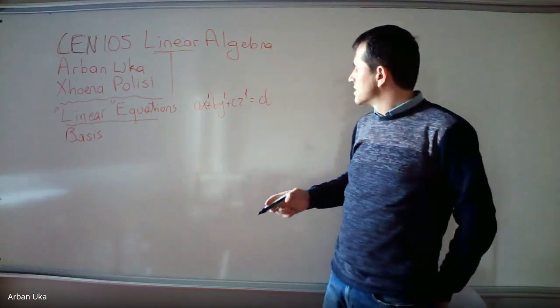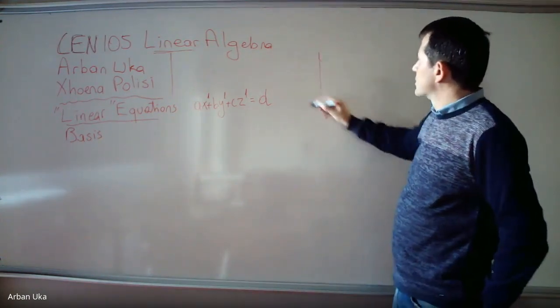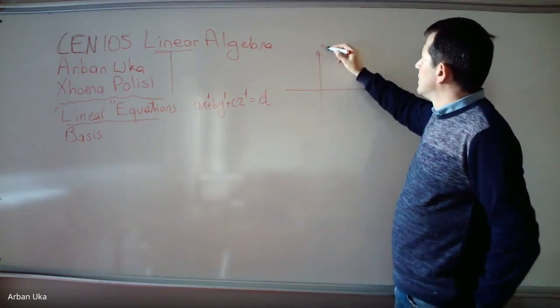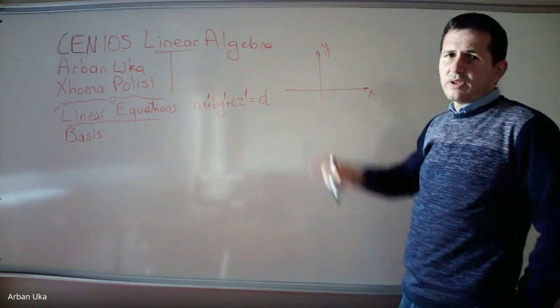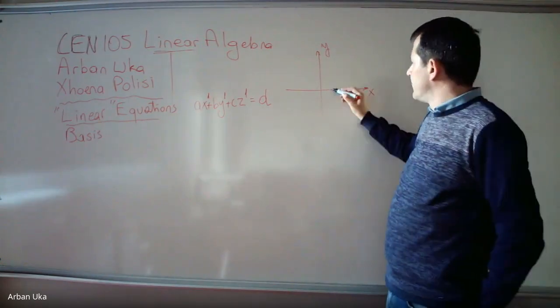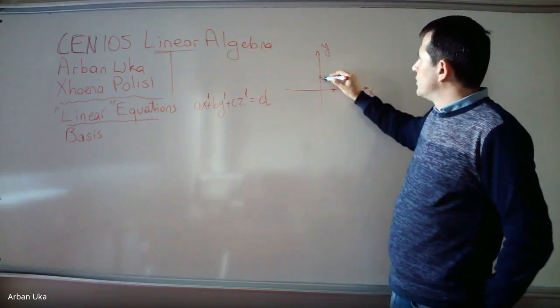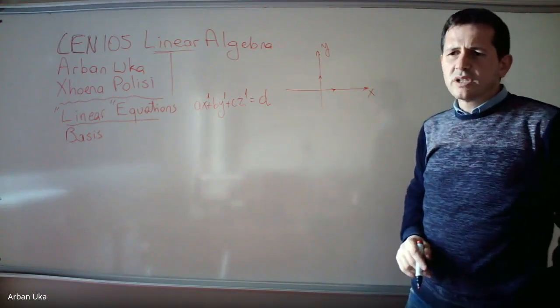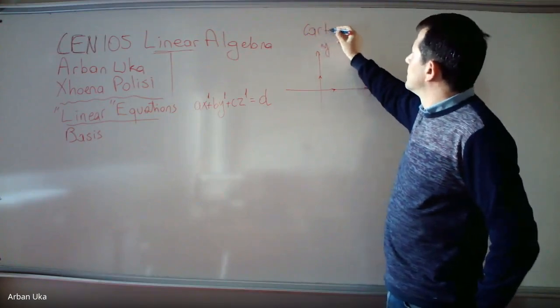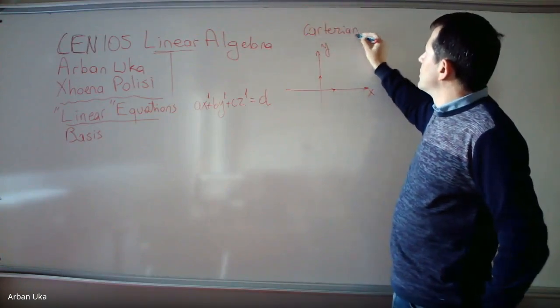The Cartesian coordinate system looks something like this. We have x and y, so we have one direction along x and one direction along y, and we can define any vector as a linear combination of unit vectors along these two directions. We call this the Cartesian coordinate system.